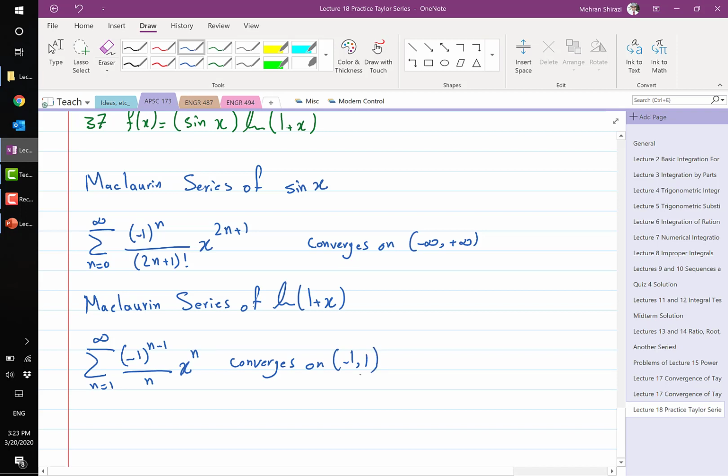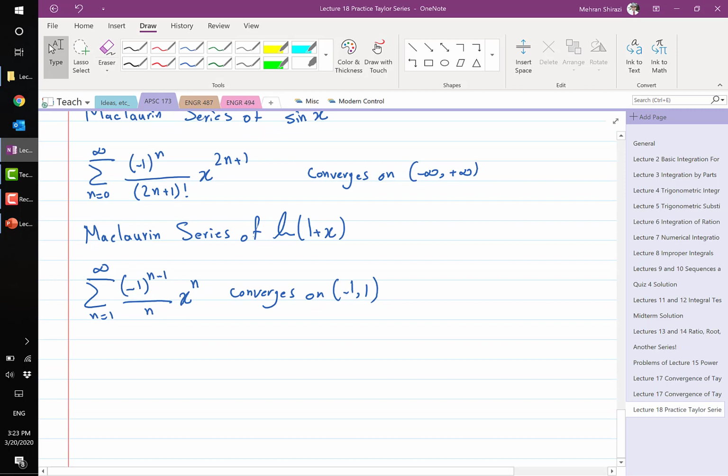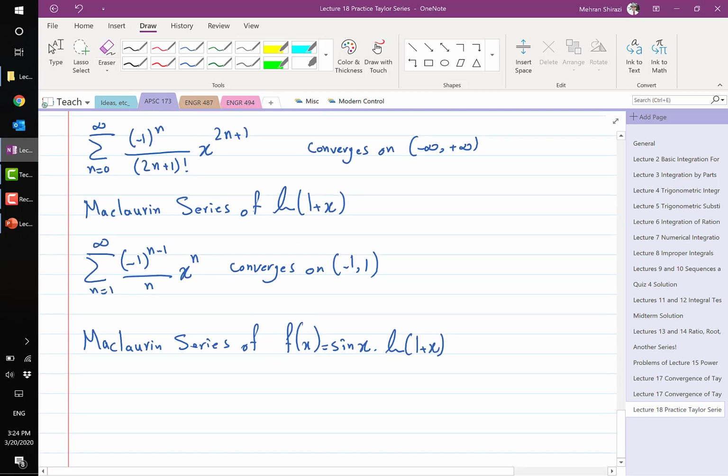Okay, the Maclaurin series of the multiplication of these two, or the function given, which was sine of x times ln of 1 plus x, is given by the multiplication of this series and this series. So you just need to multiply these two.